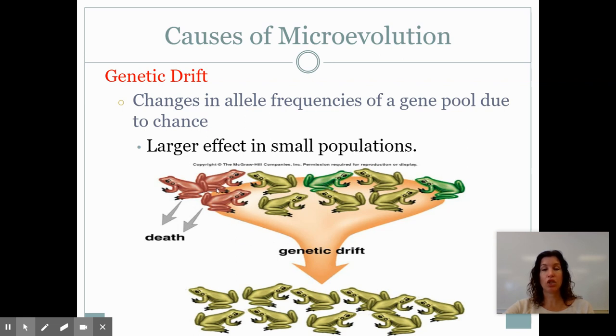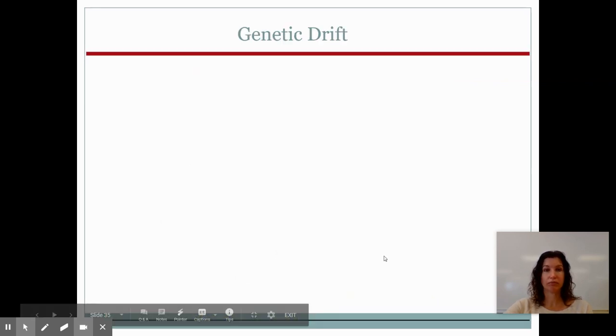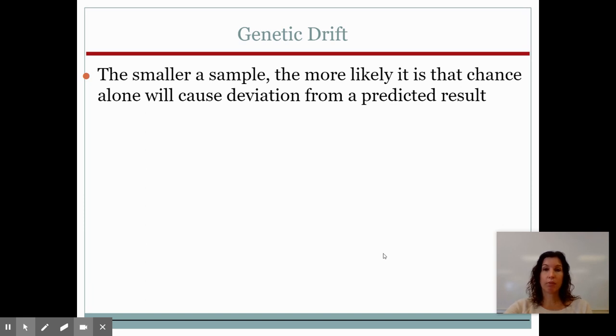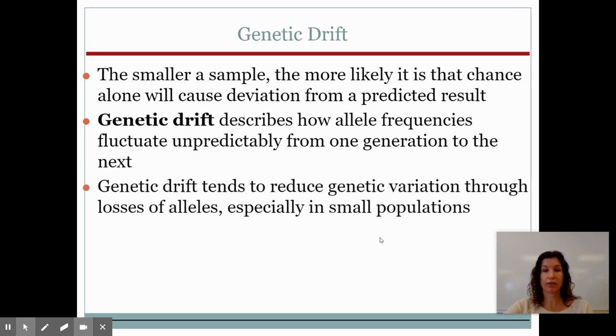These ones aren't. Just by chance, right? This is completely by chance. This is just some random event. A lot of times this could be a natural disaster, something where there's no selection whatsoever happening, completely by chance. Let's say, though, by chance, all of these red frogs die off. Now, because of genetic drift, our resulting population is going to look different. So the smaller the sample, the more likely it is that chance alone will cause deviation. So genetic drift describes how allele frequencies fluctuate unpredictably from one generation to the next.